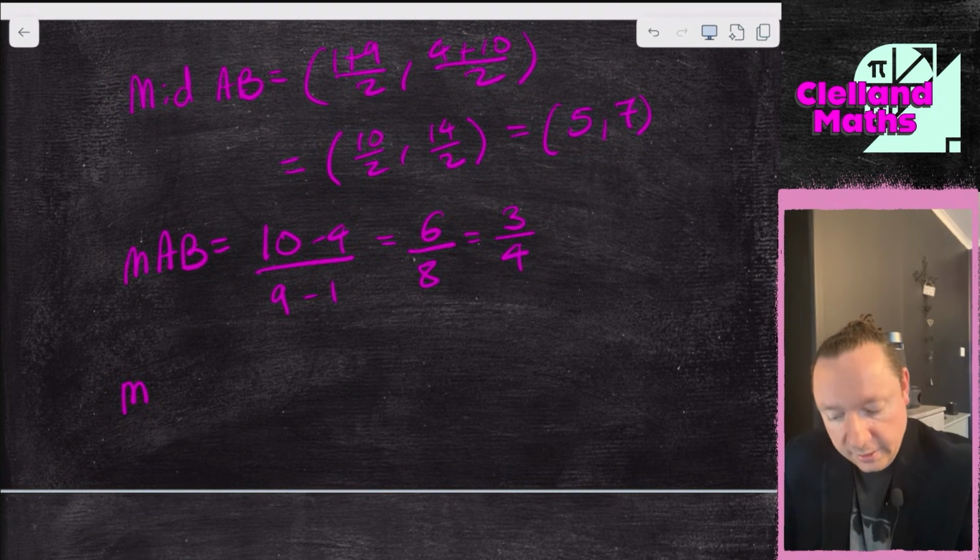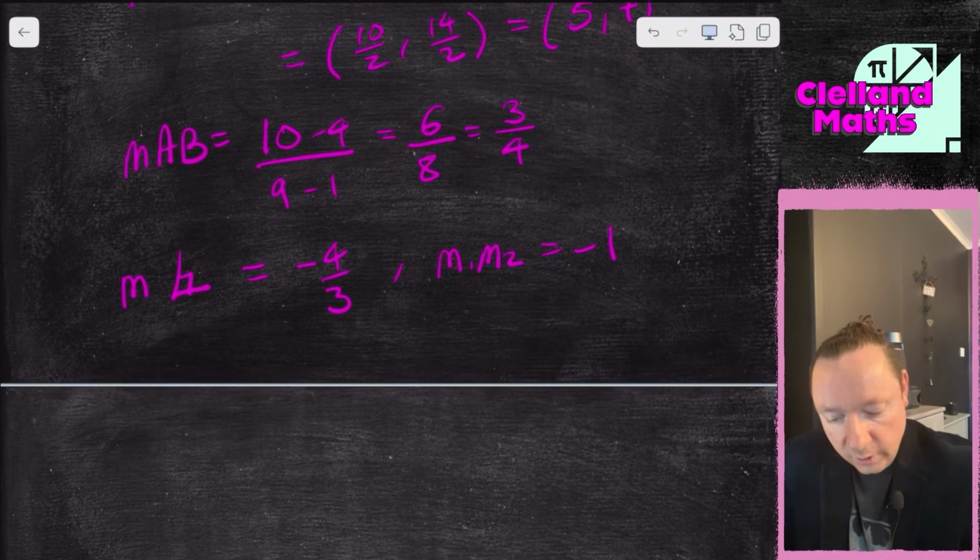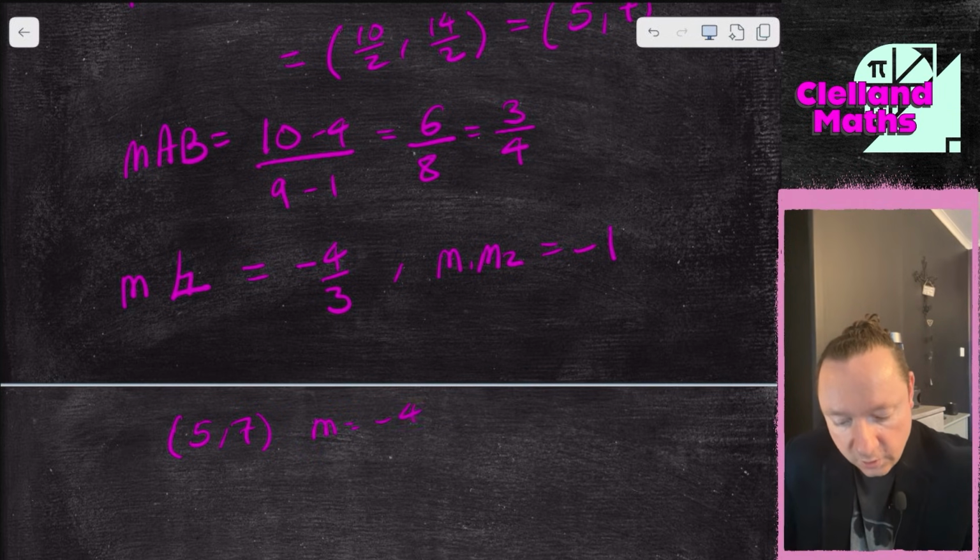So we can say that the gradient of our perpendicular is equal to minus 4/3 straight away, because m1, m2 equals minus 1. So we've now got our point, 5, 7, and our gradient, minus 4/3.